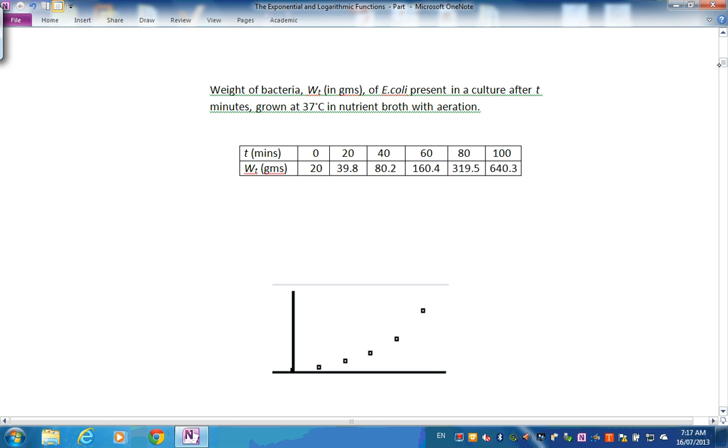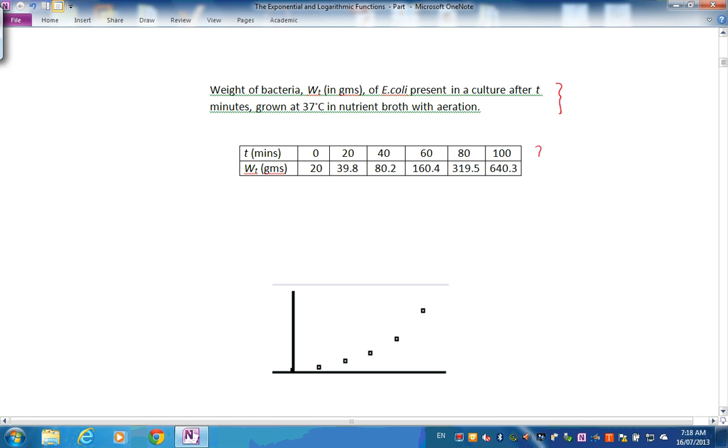All right. Well, here's an experiment. This one doesn't come from Hayes and Harris. This is one that I've brought in, something that I used to work with bacteria. Weight of bacteria, W(t) in grams of E. coli present in a culture after t minutes. So a biologist or a bacteriologist, biochemist, was growing this at 37 degrees in nutrient broth.